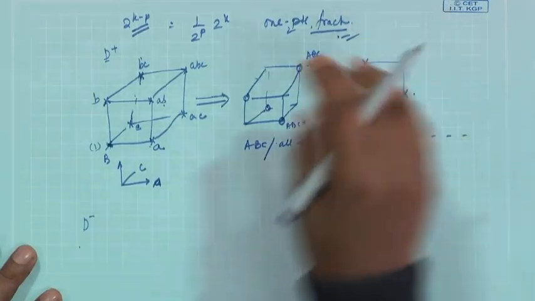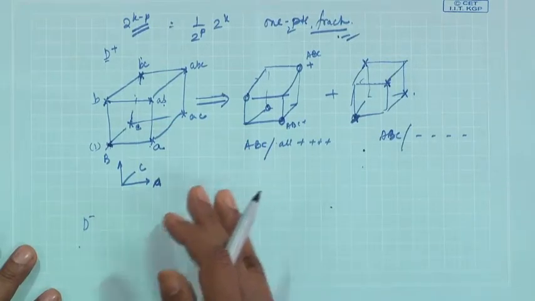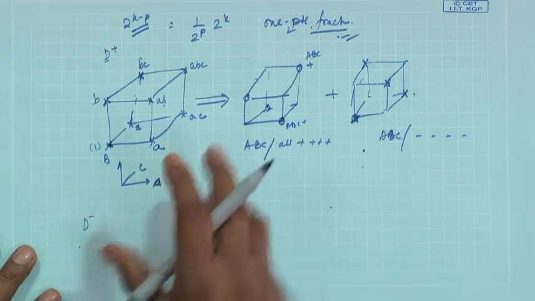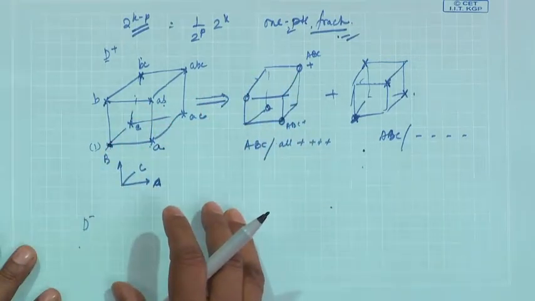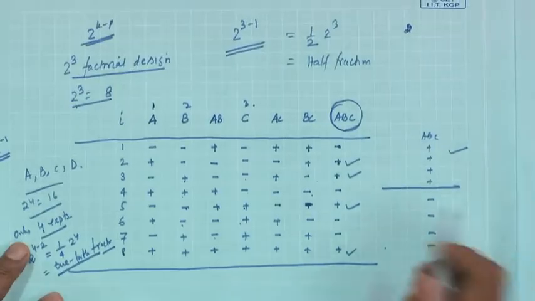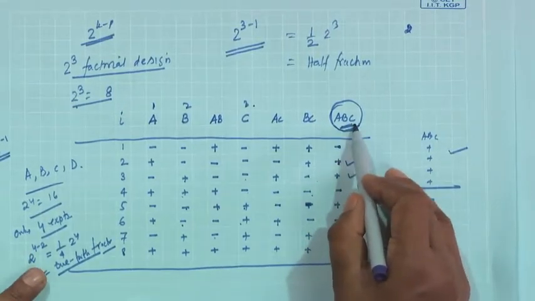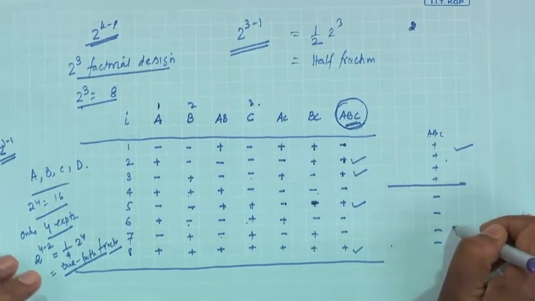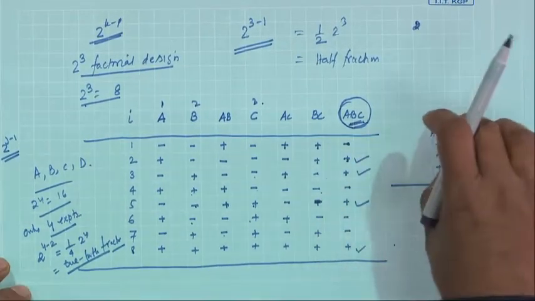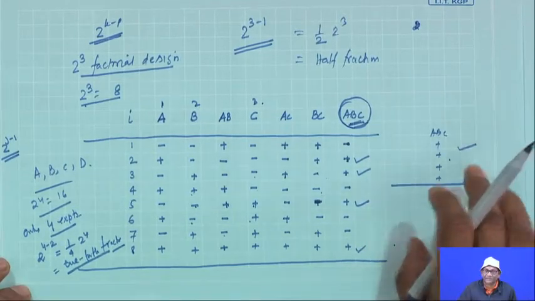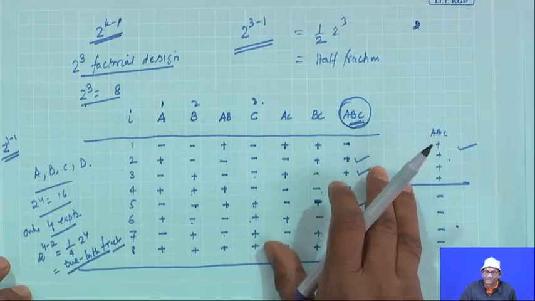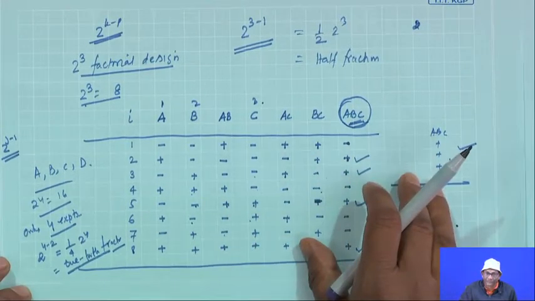The concept is that there will be some ways to identify fewer experimental runs, and one of the ways we have demonstrated here, considering A B C all plus and all minus. Although I have given this arbitrarily, that why all plus and all minus separately taken out, that mathematics I have not discussed so far.